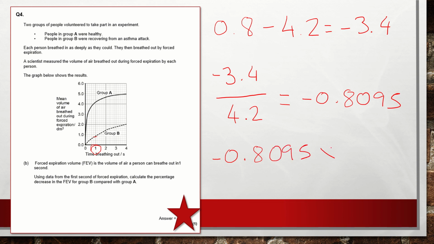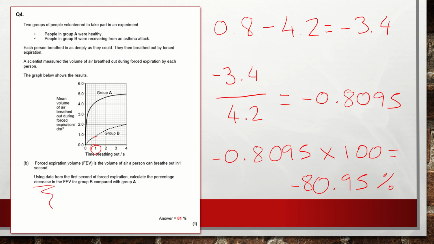So minus 0.8095 multiplied by 100. This will give us minus 80.95%. So if we look at our mark scheme, we've got 81%. So again, they've already told us here that it's a decrease. So we know from our answer here that it is correct.